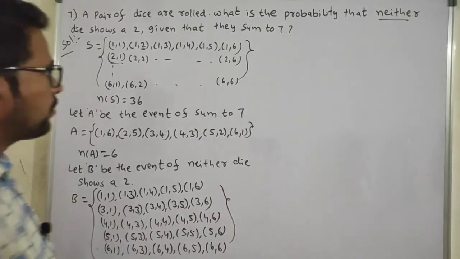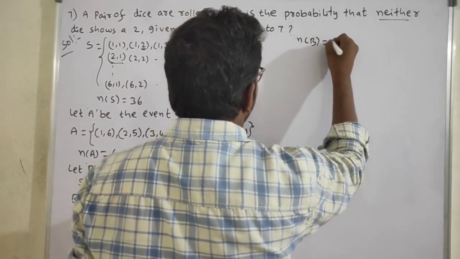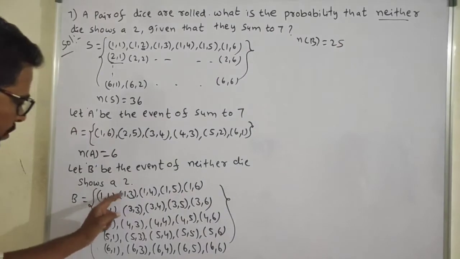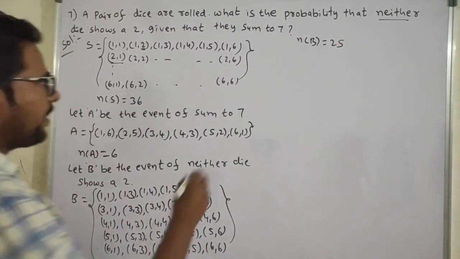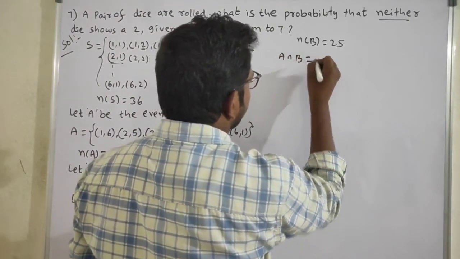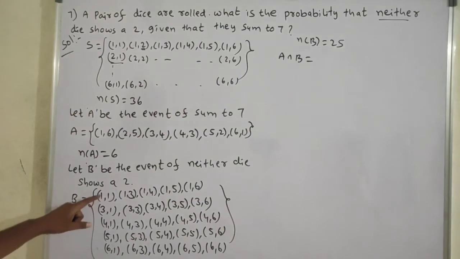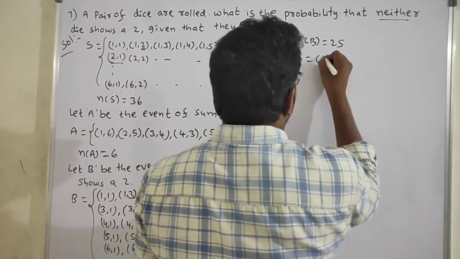So N of B is equal to how many elements are there? N of B is equal to 25, because 5 fives are 25, right? Find A intersection B, the common elements from A and B. What are the common elements? 1 6.